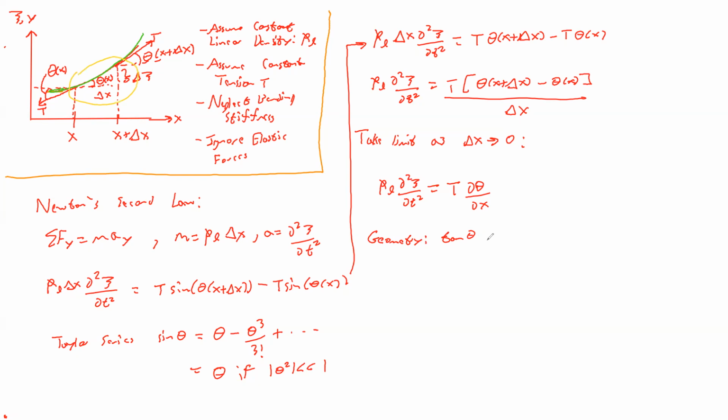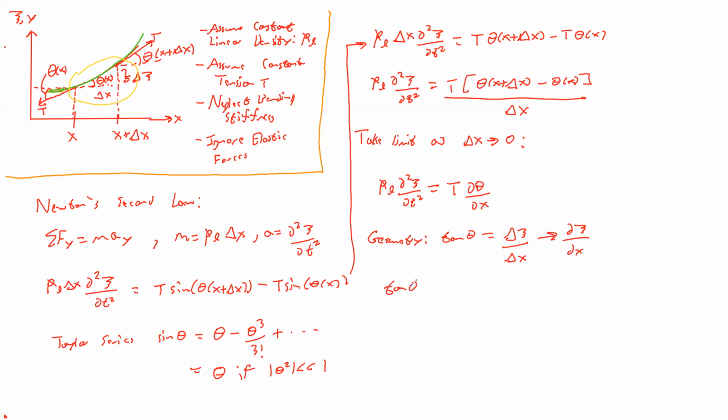tangent of theta is equal to delta psi over delta x. And if we're looking at an infinitesimal element as we did before, because we took delta x to 0, this delta psi over delta x goes to the partial of psi with respect to x. Okay. So we're almost there, but now we need to once again do a Taylor series expansion, but this time of tangent of theta.